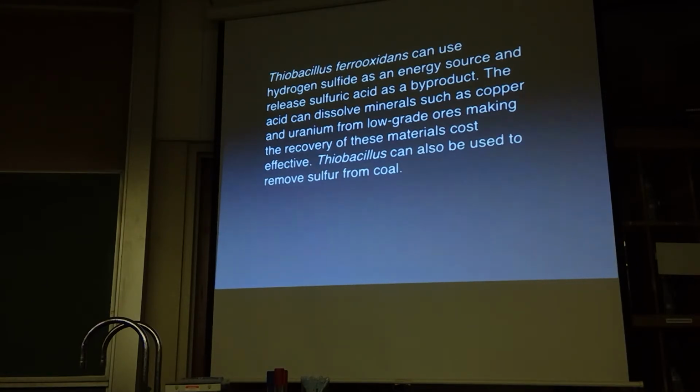As they're living in the low grade ore and they're producing sulfuric acid, it will leach the minerals out, and then the minerals can be captured. So they're using them for mining. They're also supposed to be used to remove sulfur from coal, supposedly to produce coal that will burn clean. No coal burns clean.